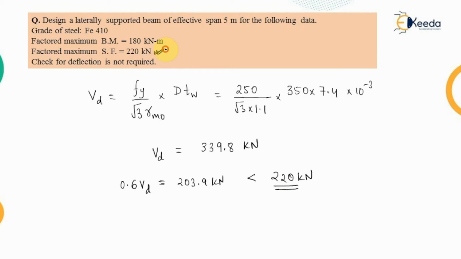So this value is less than that value. That means our applied shear force is greater than 0.6 times the design capacity. Therefore, it is a case of high shear, and correspondingly we will be calculating the design capacities.